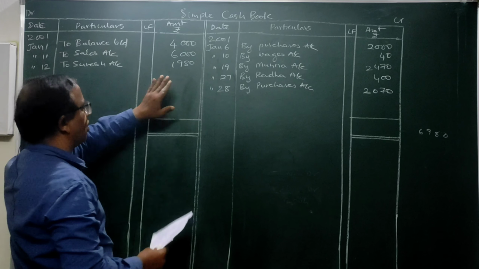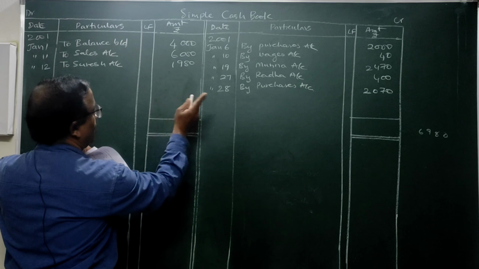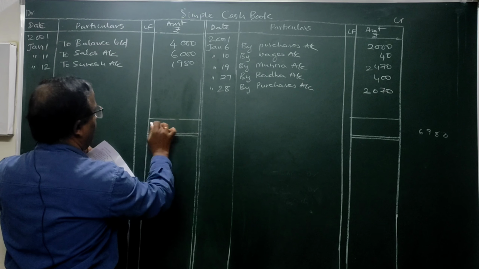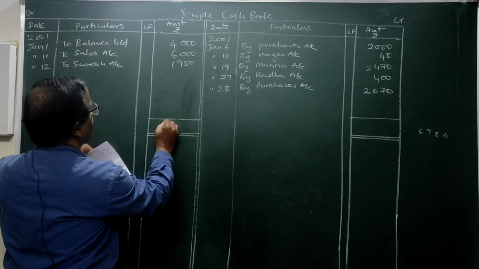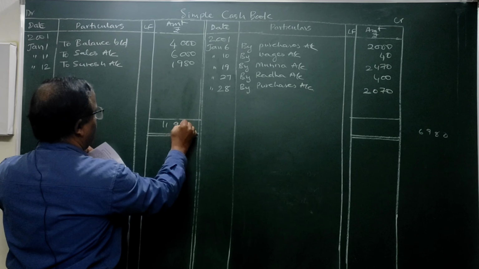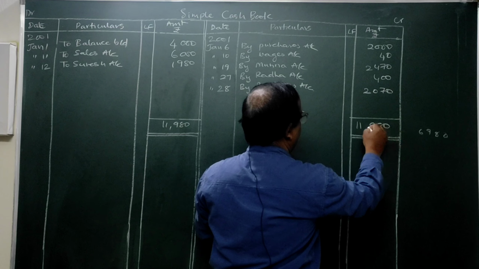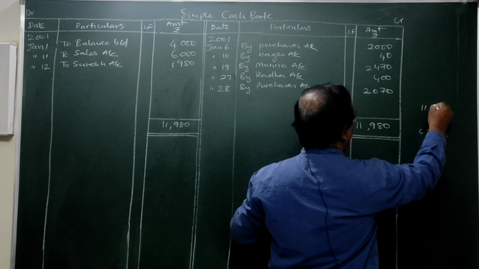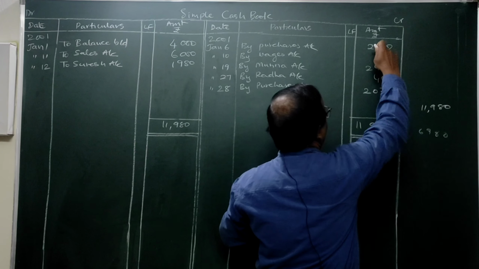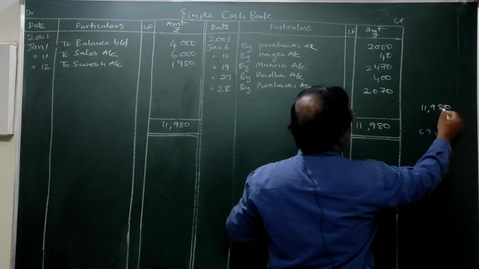So debit side is more. So that amount which is more among these two, you will be writing it in the amount column here. So how much is it? 11,980. Here also write down 11,980. So from 11,980, now you subtract these. How much are these?